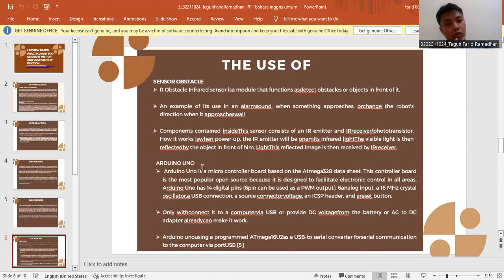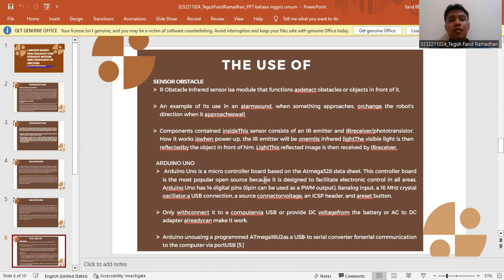And next, Arduino Uno. Arduino Uno is a microcontroller board based on the Atmega chip. This controller board is the most popular open source because it is designed to facilitate electronic control in all areas.